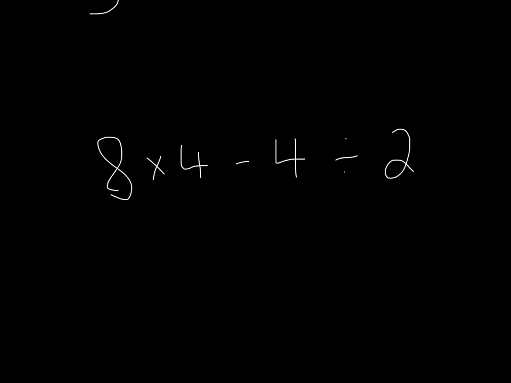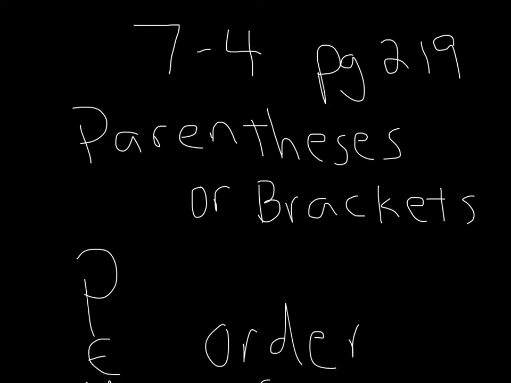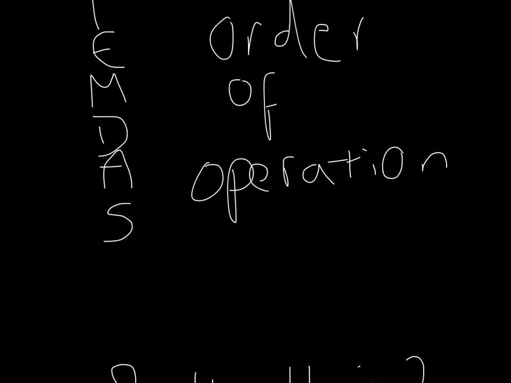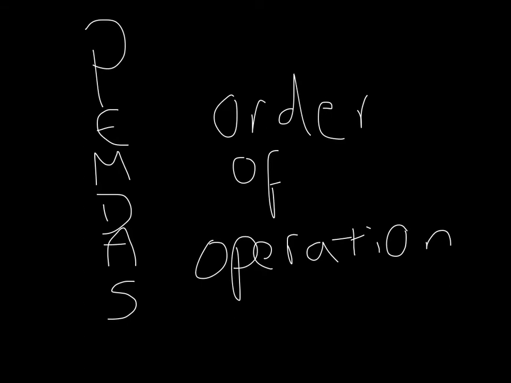There is actually a much easier way to do this. You can use parentheses, as we have up here, to make this a lot easier. We know that parentheses is the first order of operation, the first operation we must do.